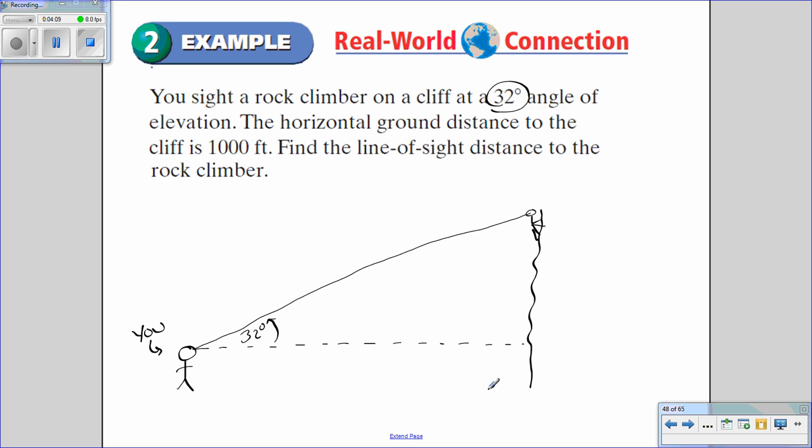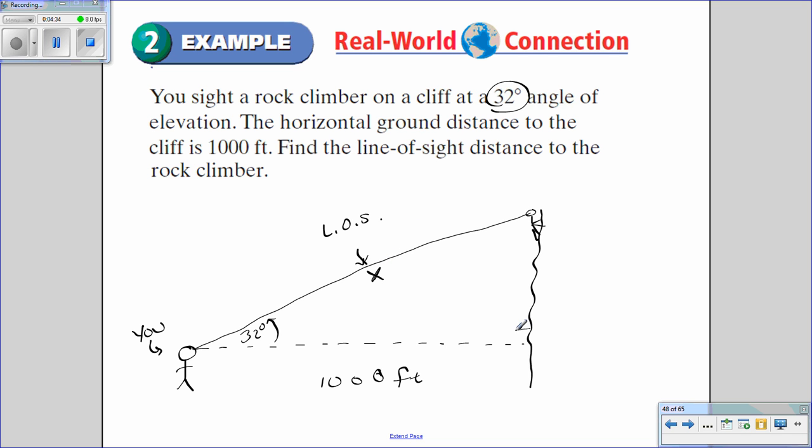So from you to the rock is 1,000 feet. And it's asking us to find the line of sight distance to the rock climber. So this would be the line of sight right here. This I will call x.